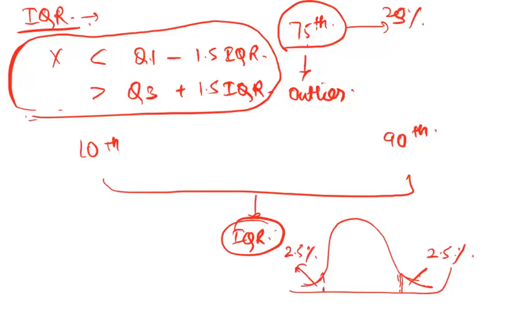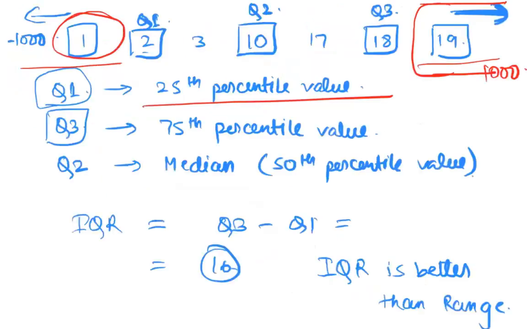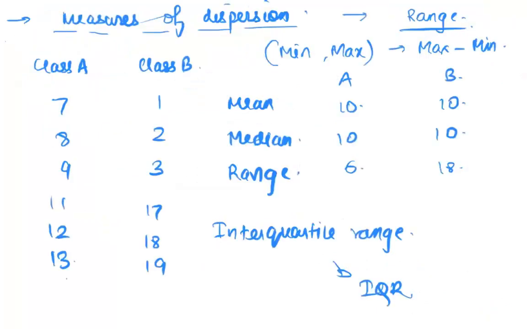All right, so this is an IQR, which is an interquartile range. So let's go back to our class. Yes, so what's the IQR for the two classes? What values are you choosing?